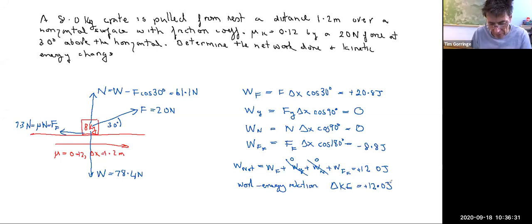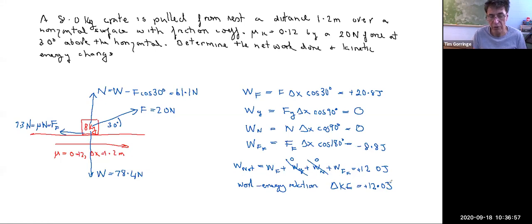And so this problem was an example of the new concepts of work done by forces and kinetic energy associated with motion. And we were able to calculate using the formula for work done in terms of a force and a displacement.